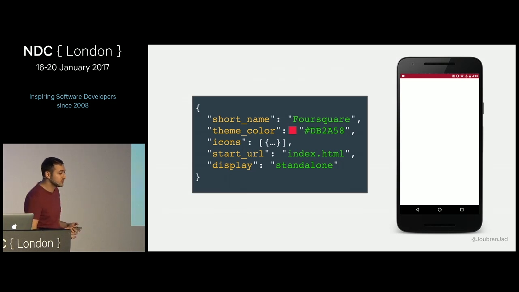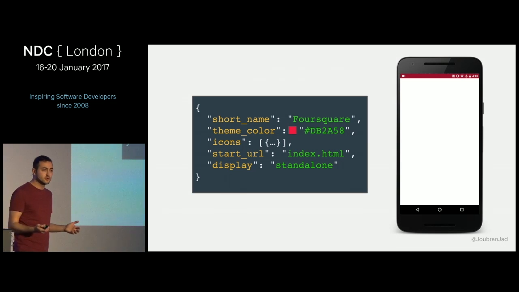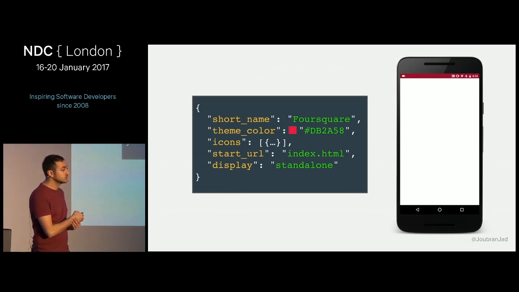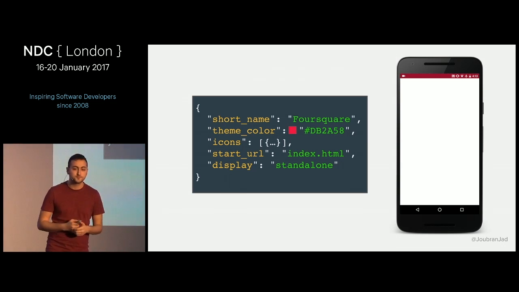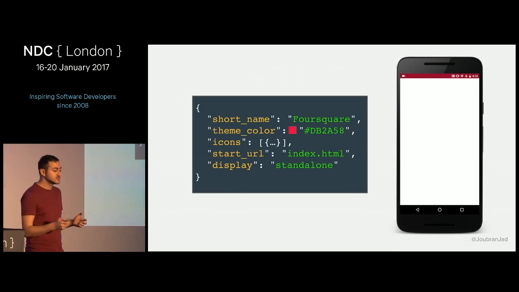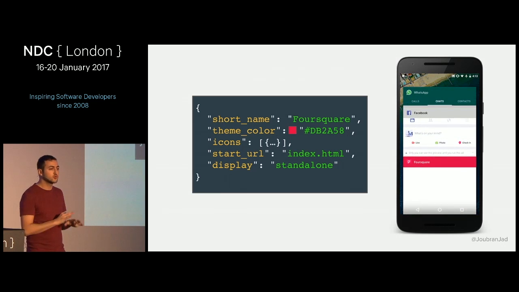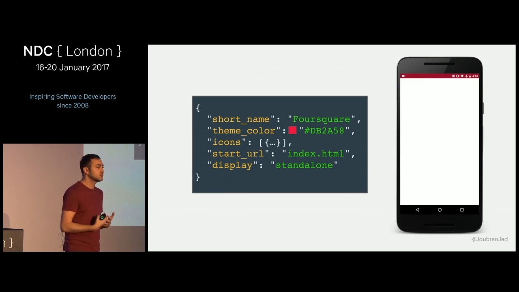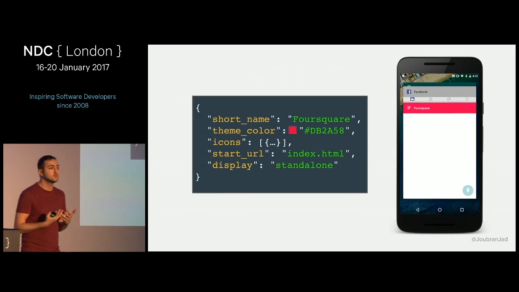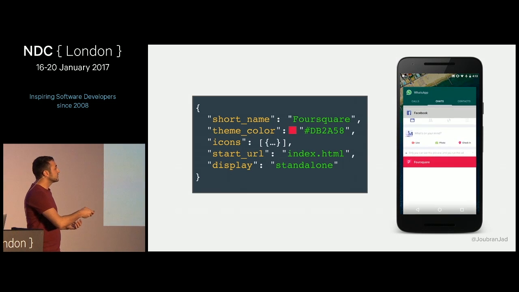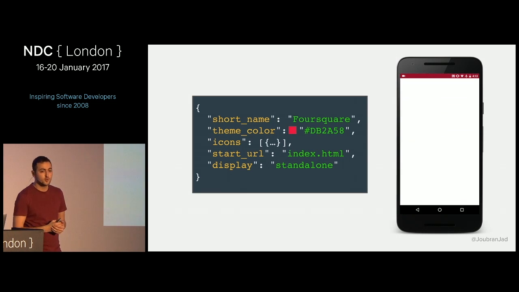And this progressive web app is going to launch a certain URL, which I defined in start_url, index.html. And once again, you see how the theme color, if I go to this task switcher or app switcher, you can see there's no Chrome or browser or Firefox anymore. This is my own progressive web app that gives the user an immersive experience. And you can see once again how the theme color is affecting the app.